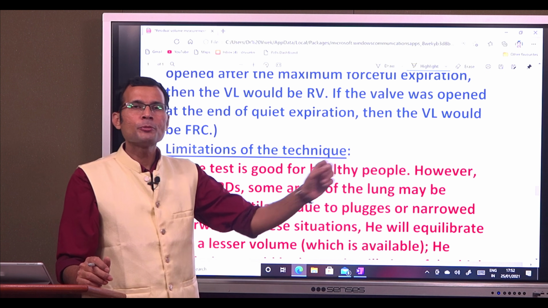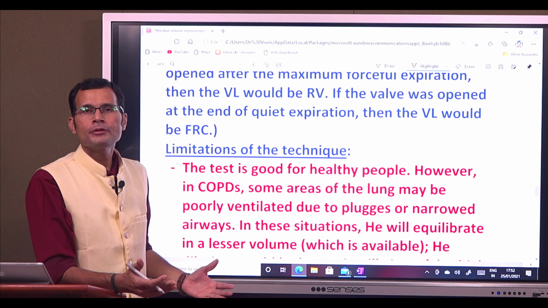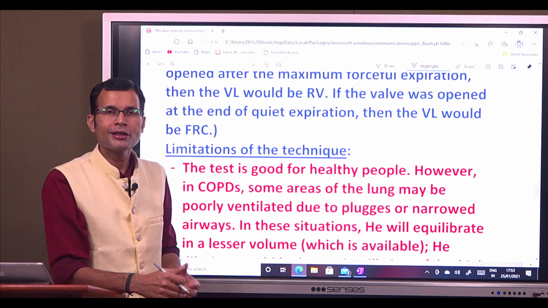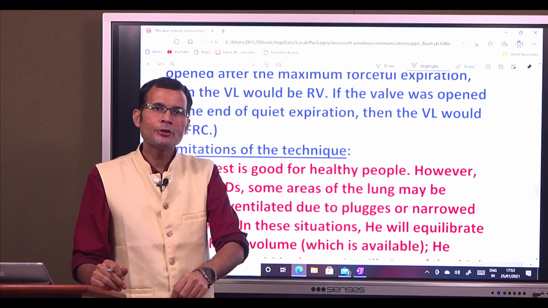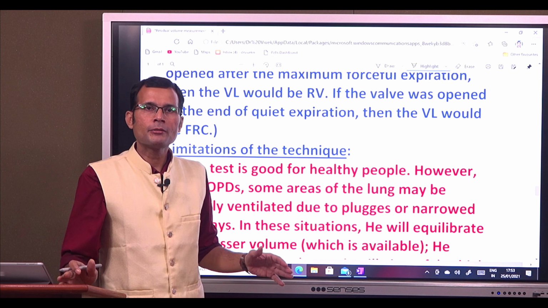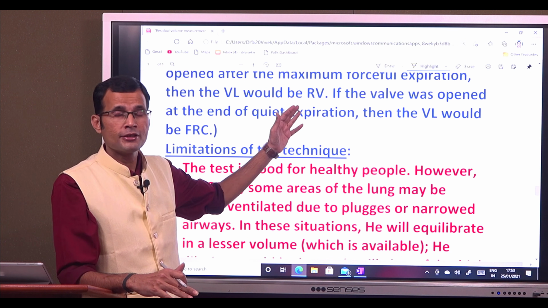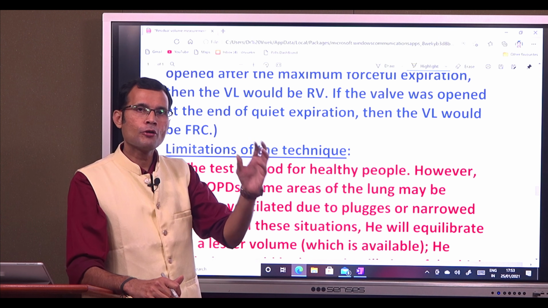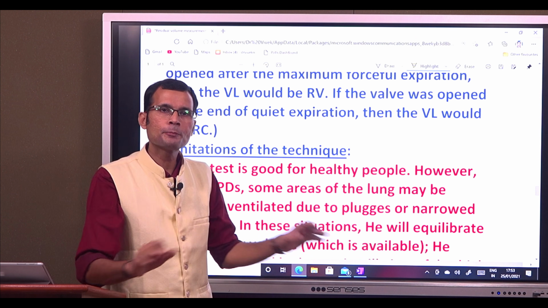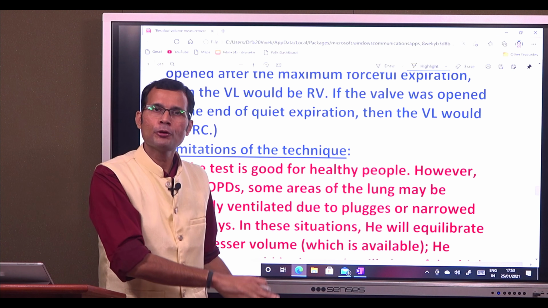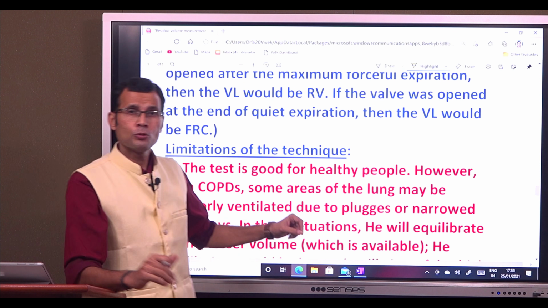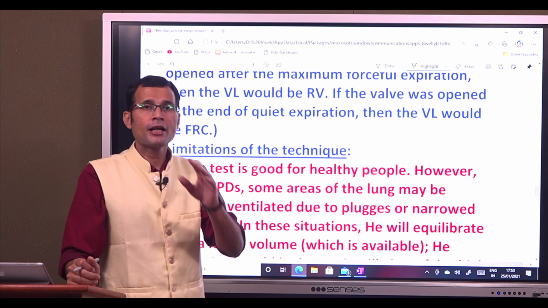Basically, the point to be remembered again, if it was not clear: helium is going to be diluted into some compartment. As I said at the start of this discussion, a known mass of the substance is going to be dispersed into that entire volume, and we are measuring that entire volume.